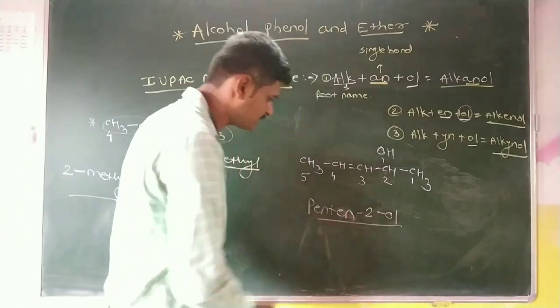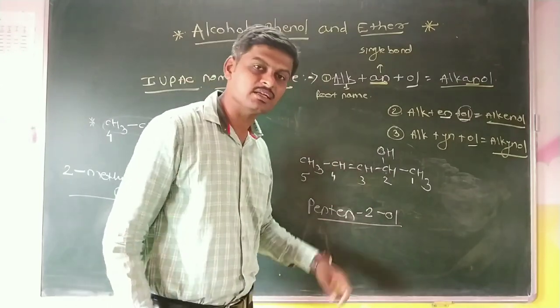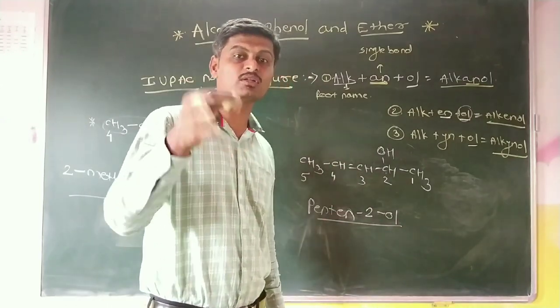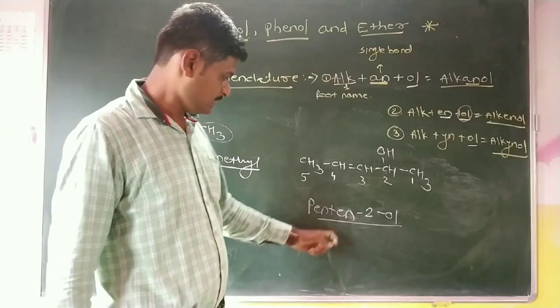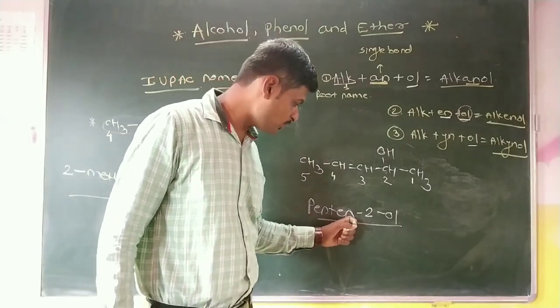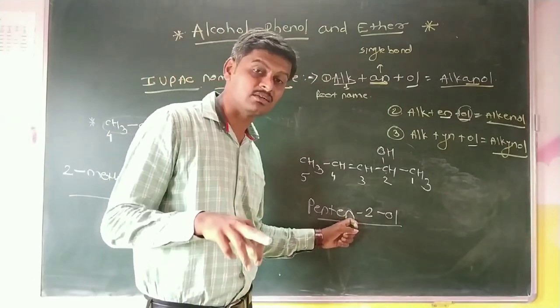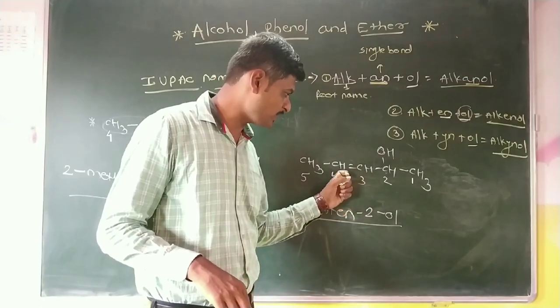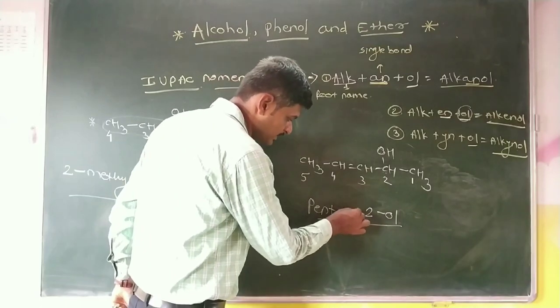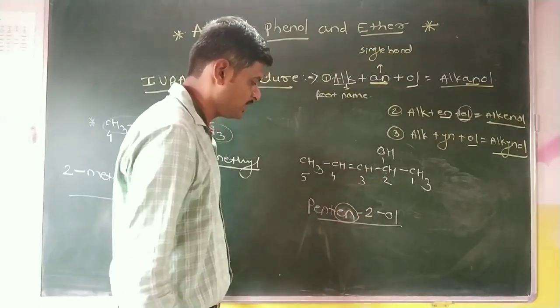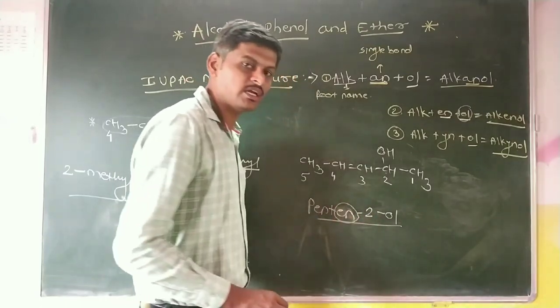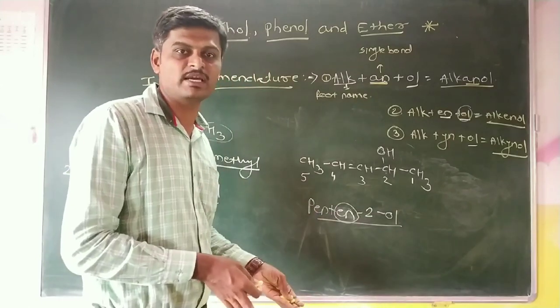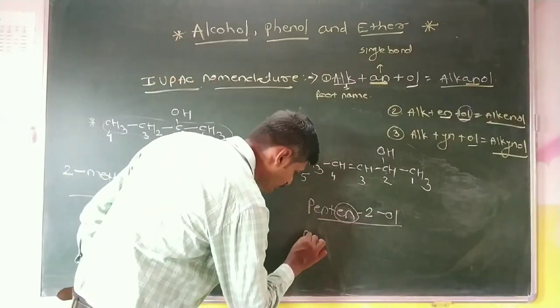But in this case, the double bond is present between the third and fourth carbon atoms. Therefore, the position of the double bond, that is the position of EN, we also write in this example.